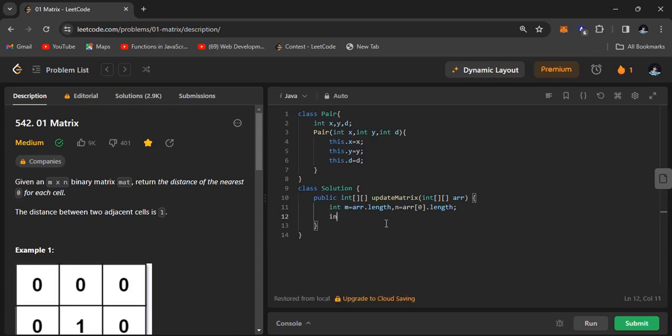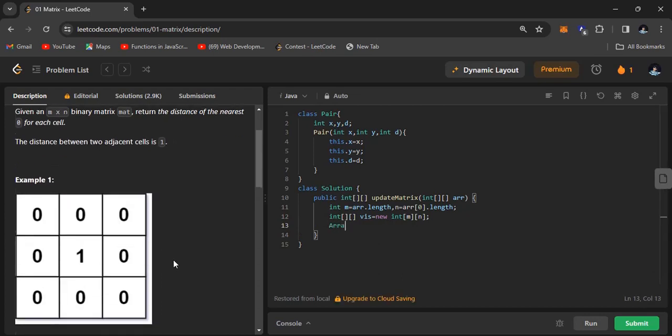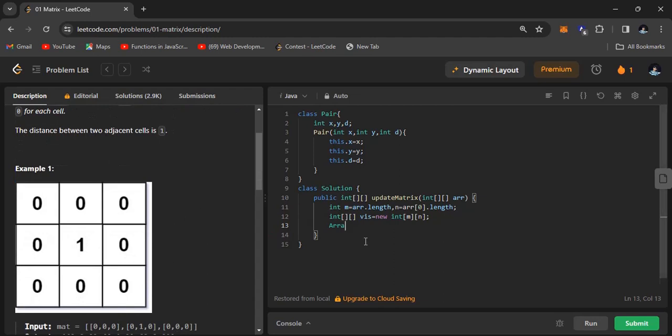Now let's make the visited array of that size. Initially, since 0 and 1 are already given, there may be confusion.